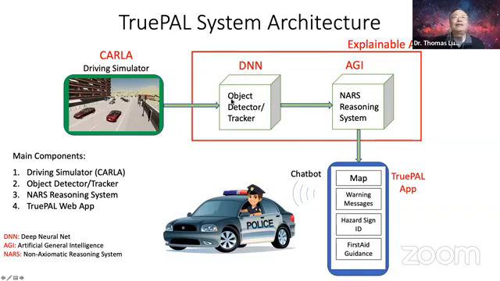That's basically taking care of object detection and tracking. And then we have an AI system. This is called NARS. It's a non-axiomatic reasoning system to help resolve issues and give recommendations. And the last part is the app that can help communicate with the first responders.